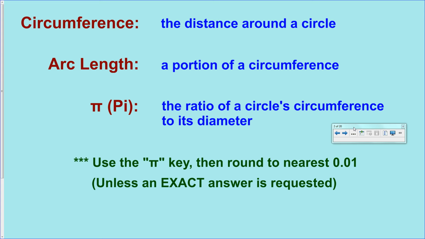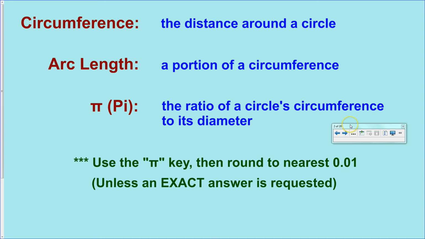However, sometimes you will be asked to round it to the nearest hundredth or nearest tenth or whatever it is. And then we also have problems that have multiple steps. So if you round pi in your first step, by the time you get to your last step, your answer could be quite inaccurate. So what you need to do in order to combat that is to keep a long decimal working until you finally get to the very final answer that you're going to give and round your very final answer. To do that, use the pi key.